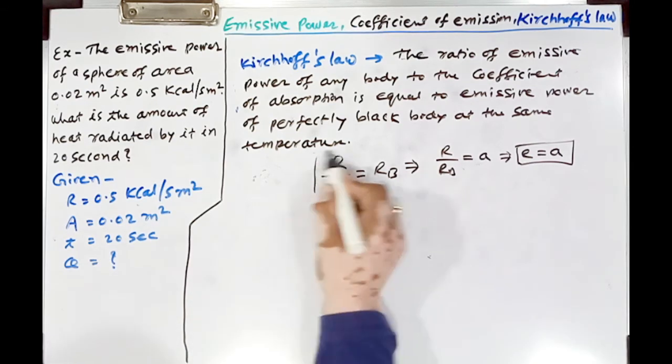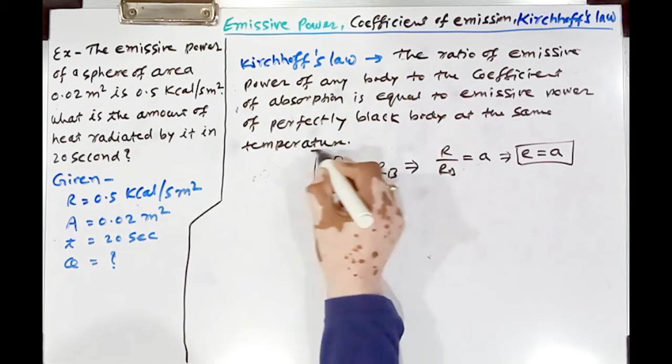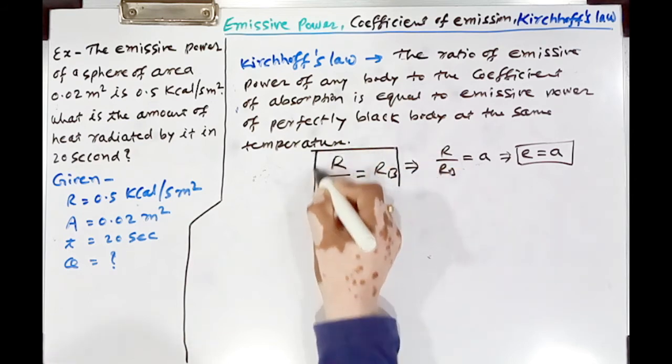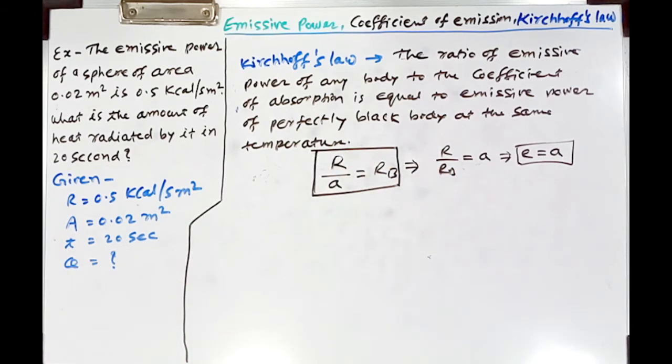Thus Kirchhoff's law has two statements. The first one is given here. The ratio of emissive power of any body to the coefficient of absorption is equal to the emissive power of a perfectly black body at the same temperature. And the second statement is that the coefficient of emission is equal to the coefficient of absorption, or emissivity is equal to absorptivity.